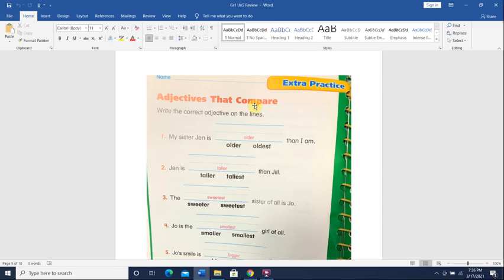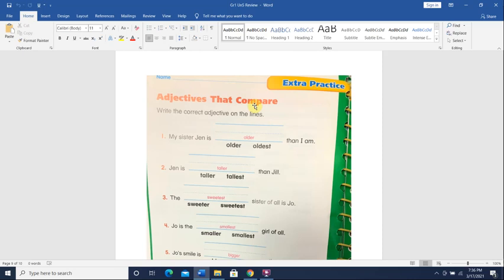But when we compare between more than two, like three or more, we write the word the and we add est to the end of the adjective.